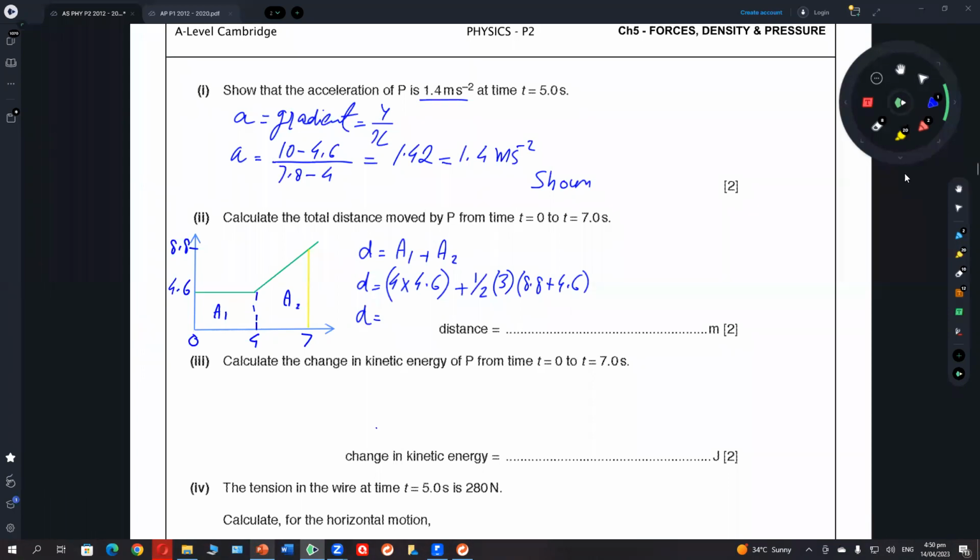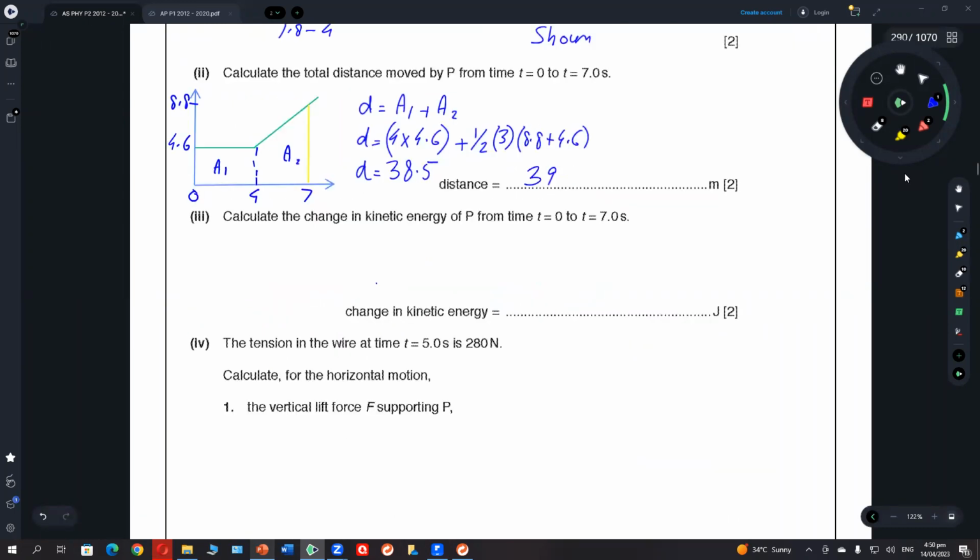I'm getting 38.5 as the answer. I've rounded to 39.